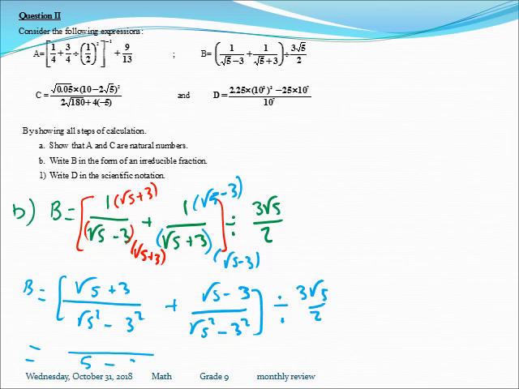Same denominator: 5 minus 9. Radical 5 squared equals 5, 3 squared equals 9.